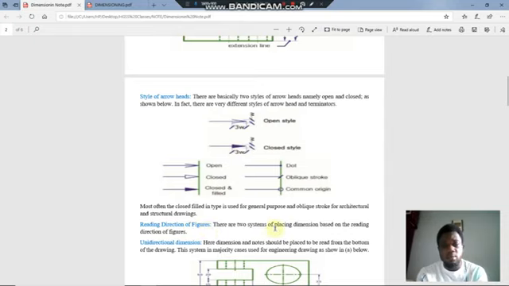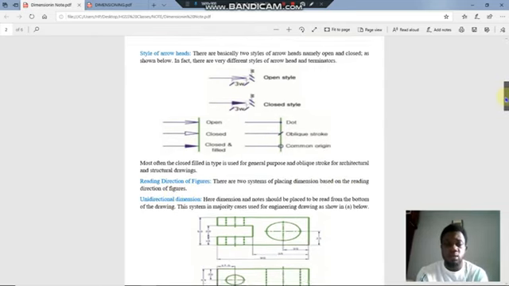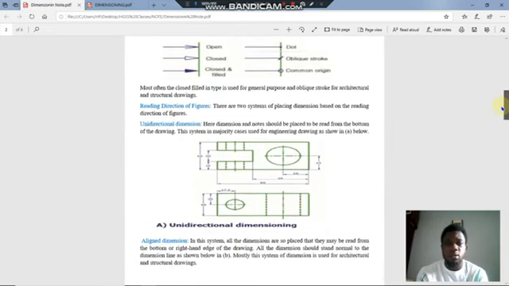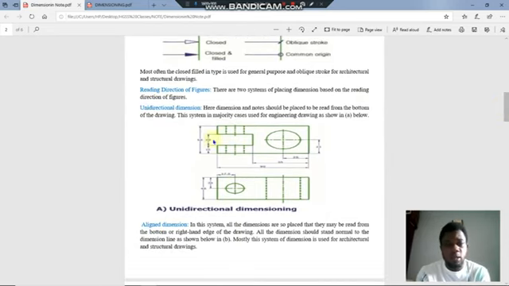There are two systems of placing dimensions based on the reading direction of figures. As you can see in this diagram, there are two methods of placing figures. In one, the dimension line is broken at the middle and you have the dimension figure in that space.